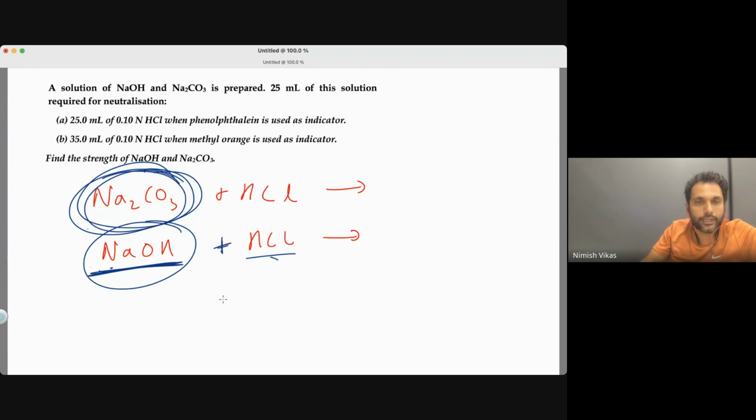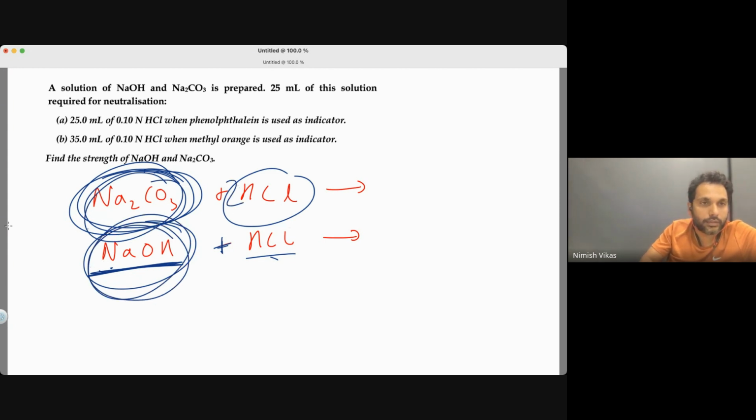Phenolphthalein is going to show a change. And when HCl has reacted with both of it, whether it is two requires one or one requires one, that doesn't matter, then methyl orange is going to show a change. Are you getting the point? I was expecting something like that, and that would have been a very logical explanation.